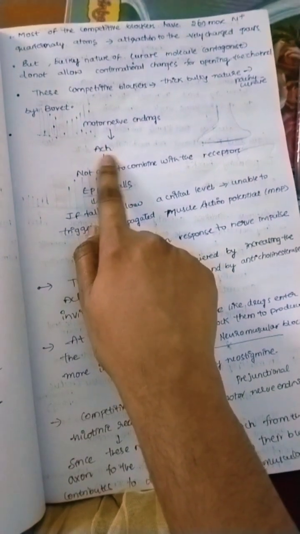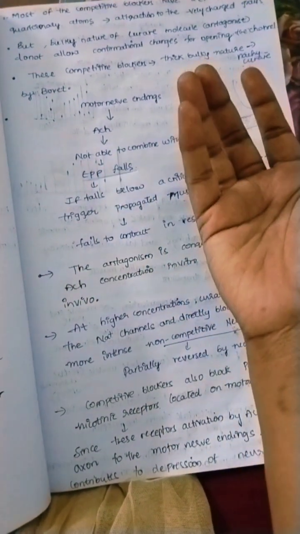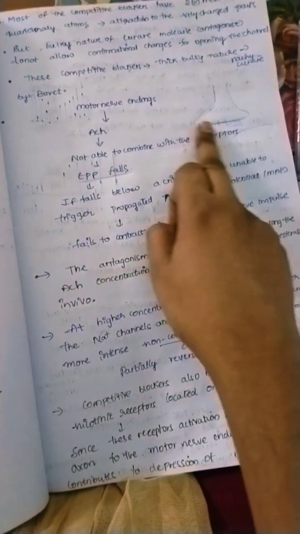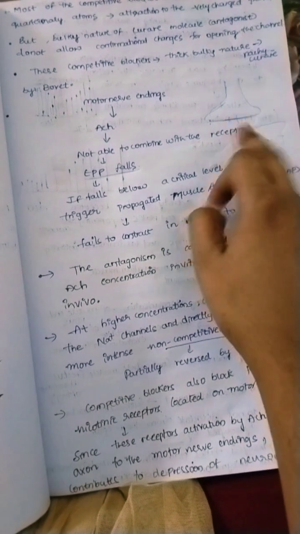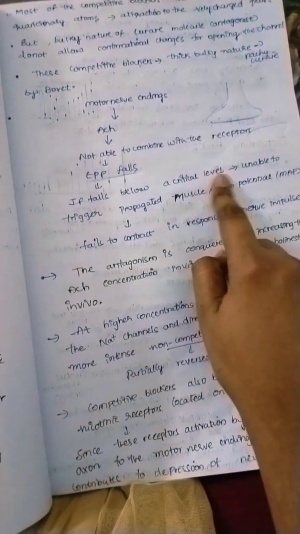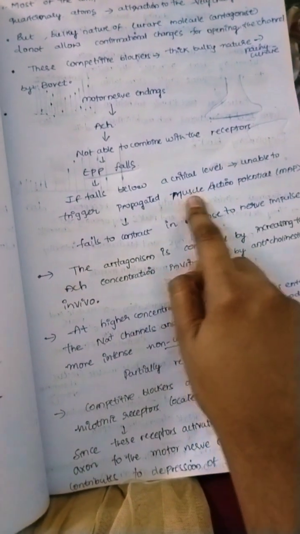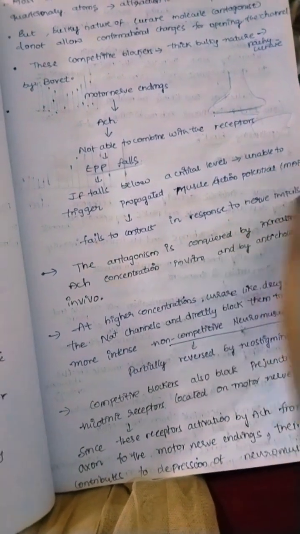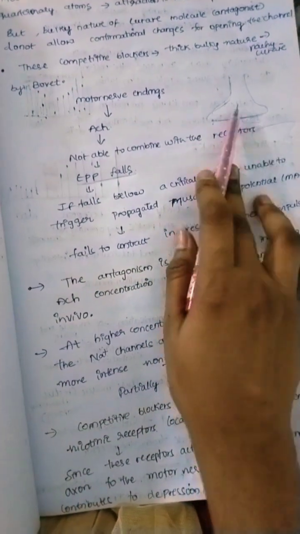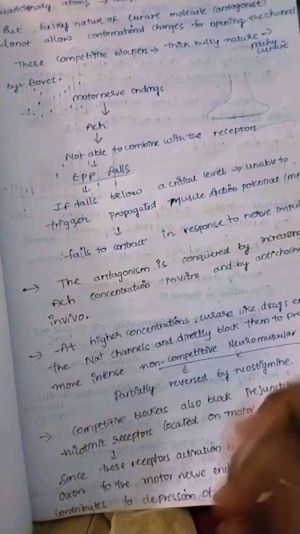Here, the acetylcholine which cannot bind to the receptors, then the end plate potential will fall. If it falls below the critical level, it is unable to trigger the propagated muscle action potential. Then in spite of the nerve impulse, the muscle is not able to contract; muscle contraction will fail.